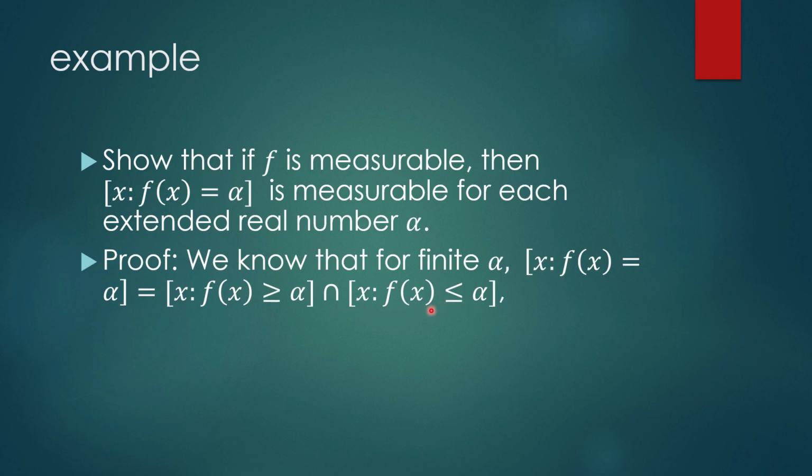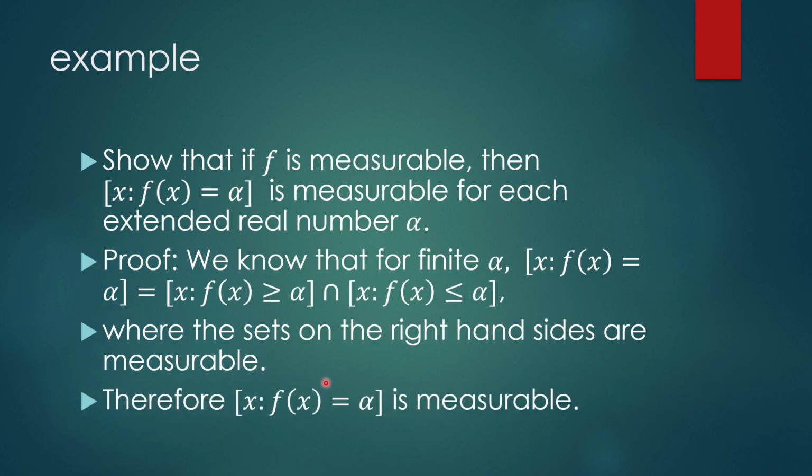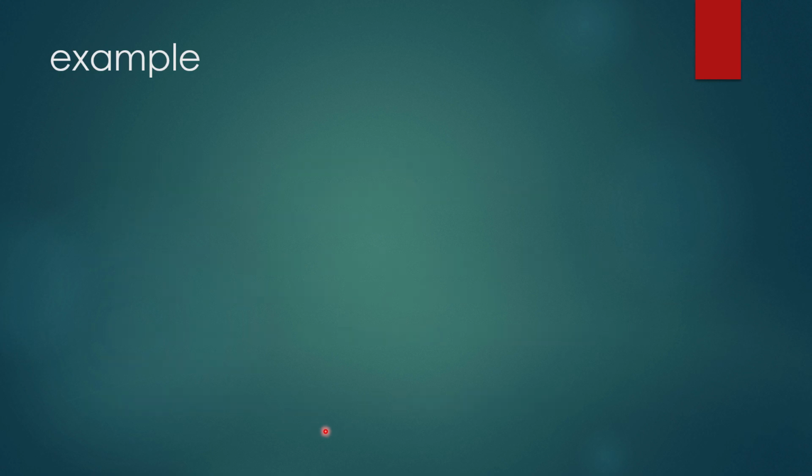We have just proved that each of these sets is measurable whenever f is measurable. The intersection of two measurable sets is measurable, so this set is measurable. That is the case when alpha is finite.